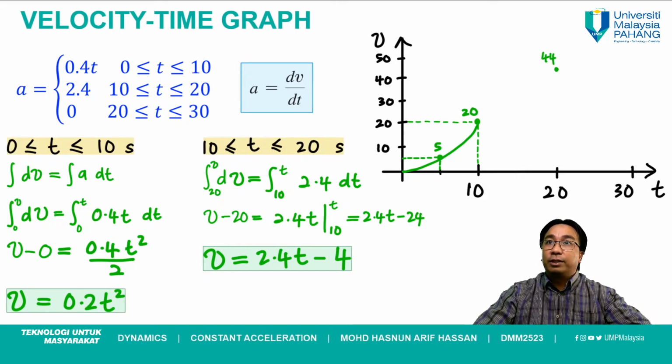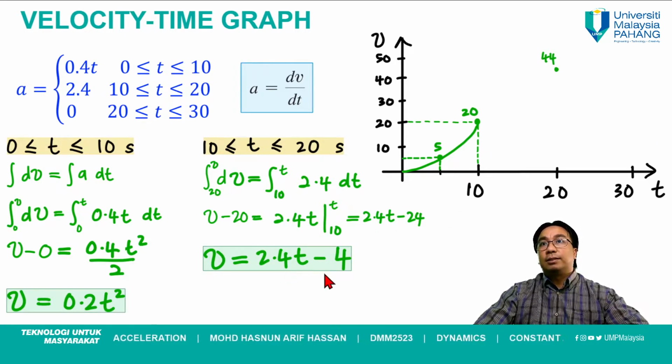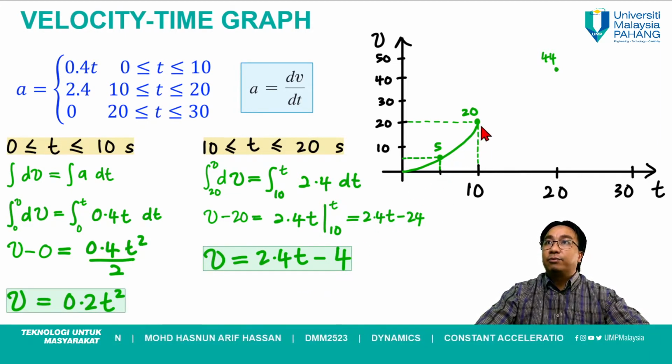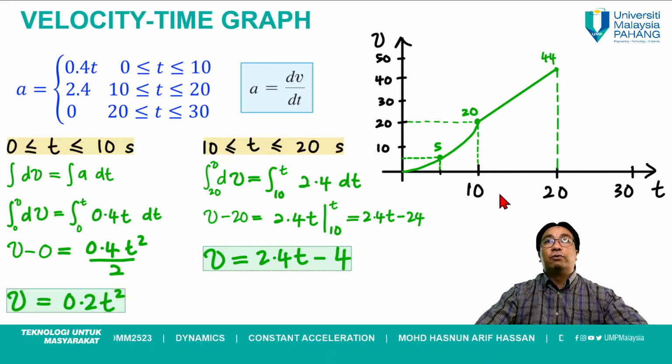Okay, you get 48 minus 4, you get 44. Okay, so this is simply a linear graph. So you just draw a straight line, a straight line from 20 to 44. Okay, the second phase is done. Any questions so far?